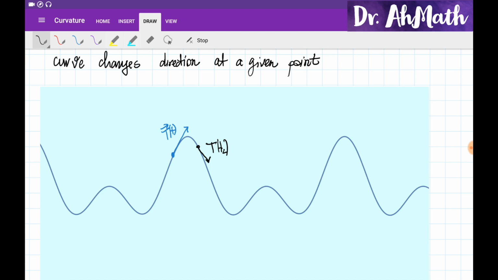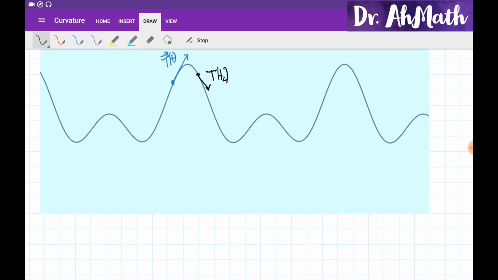So the kappa of t is going to be how much the unit tangent vector changes, dT, but not with respect to the parameter, because you can define different parameters. It should be independent from the parameters, but with respect to the length of the curve in some small interval.